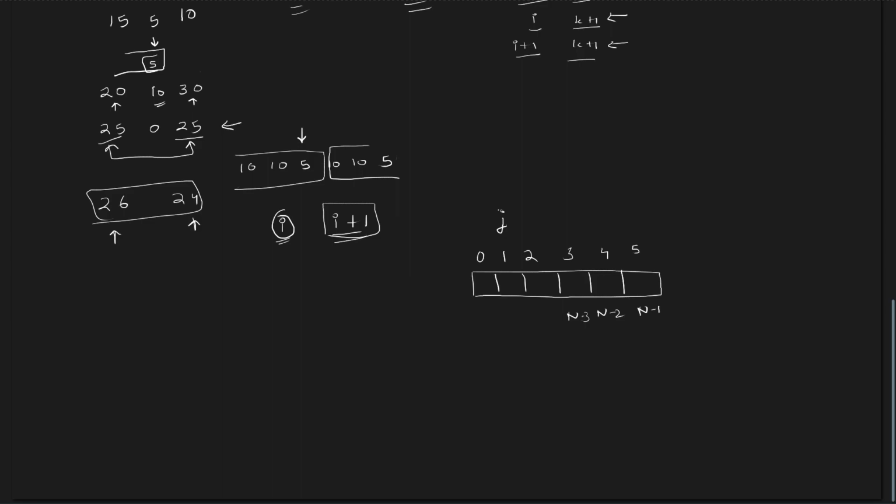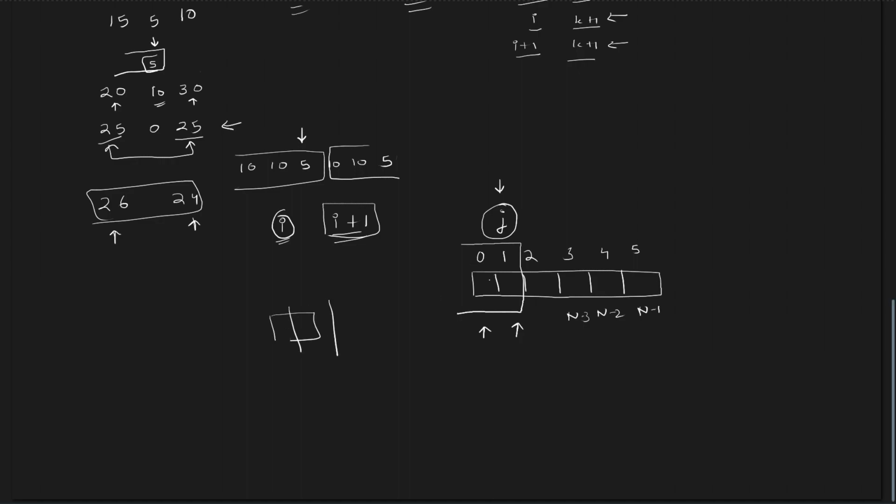Why? Because if I'm talking about j, I'll be including all the values till here, right? For the first loop, if I'm maintaining a pointer j, I'll be taking all the values till that particular pointer, right? So I'll be left with at least 2 cells here. Remember that whenever we are making j, we need to divide this particular subarray into 2 halves.